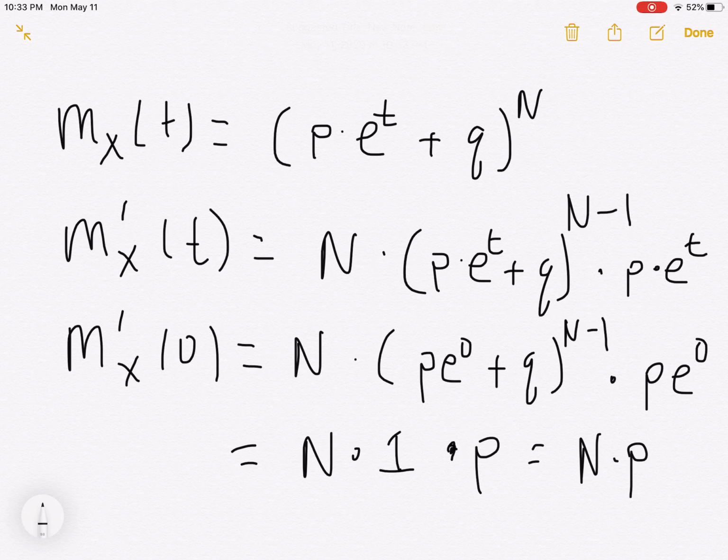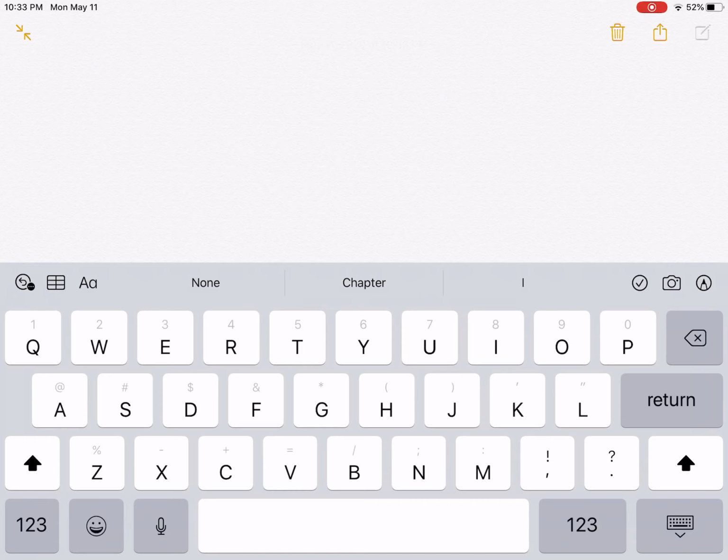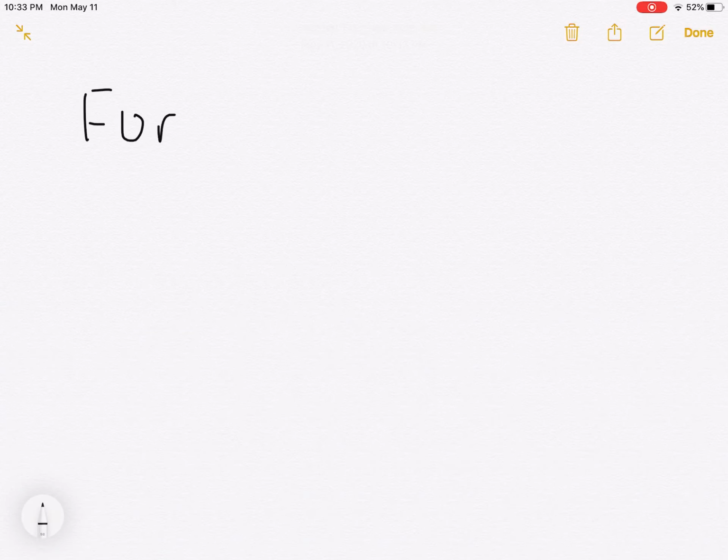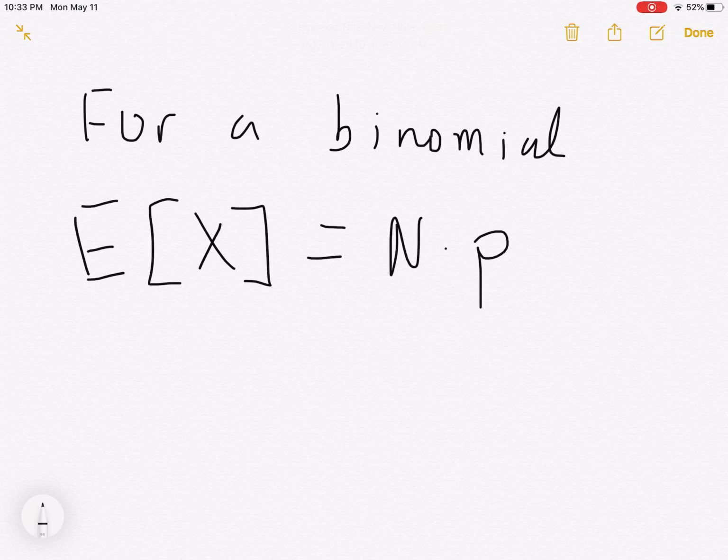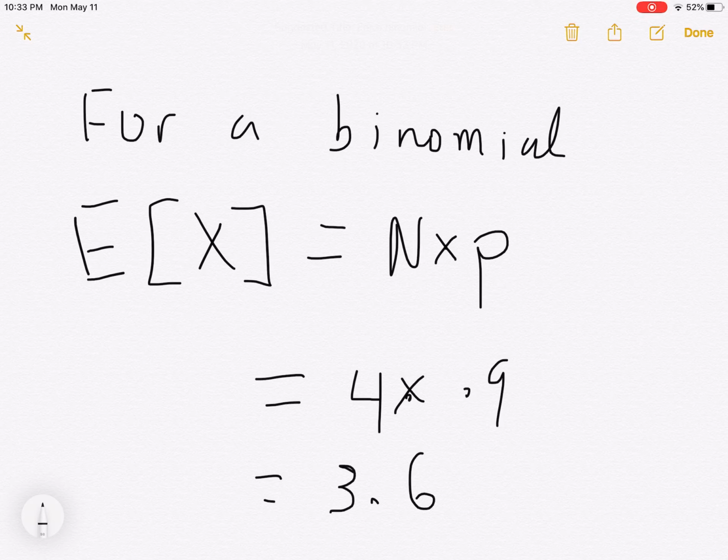So in this example, for a binomial, E of x is just n times p. And in this case, n was 4, the probability of success was 0.9. So I'll do the multiply symbol like that, 0.9. So I think we're going to expect 3.6 satellites to detect the missile.